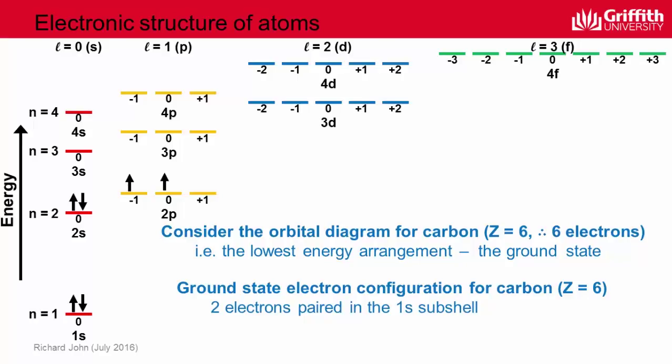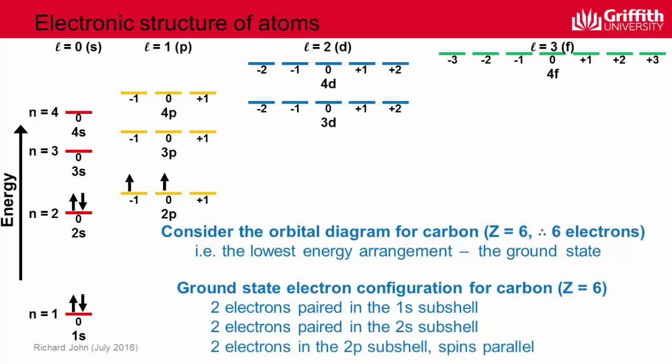We see that there are 2 electrons paired in the 1s subshell, 2 electrons paired in the 2s subshell, and we've got 2 electrons in the 2p subshell, and those spins are parallel, meaning that they're both, in this case, spin up. So the electron configuration for carbon is 1s2, 2s2, 2p2.